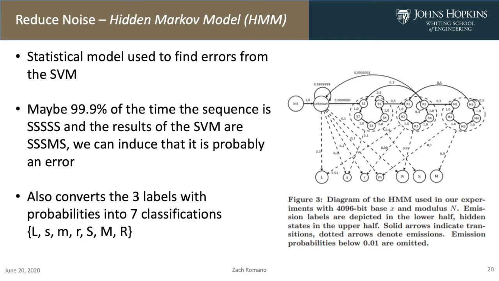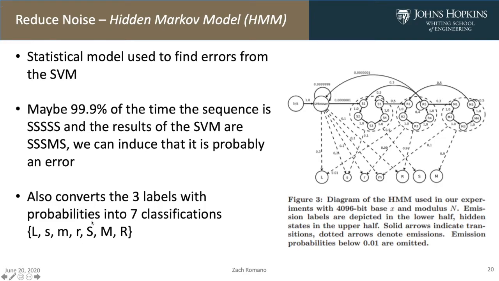So from the output of the HMM, we get 7 classifications. We take the 3 classifications from the SVM and the probabilities that it input, and we convert them into these 7 classifications. So we have this L, which designates a low confidence, and we have this lowercase s, m, and r, which is medium confidence that it was a square, mod reduce, or square, multiply, or mod reduce.